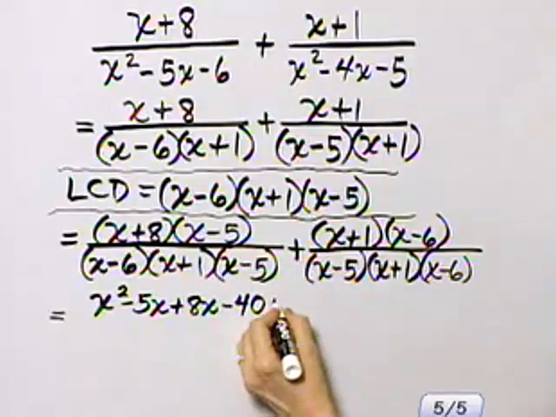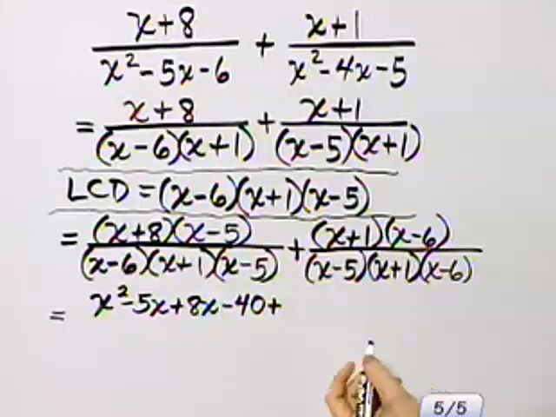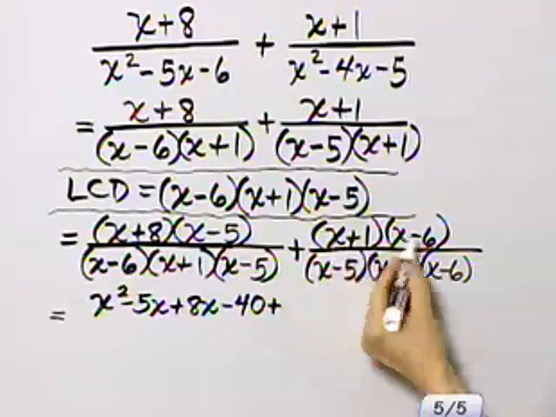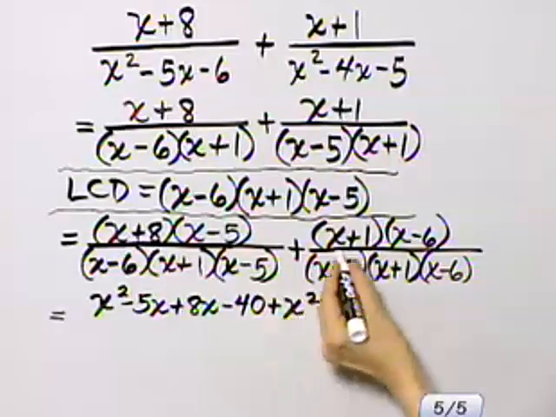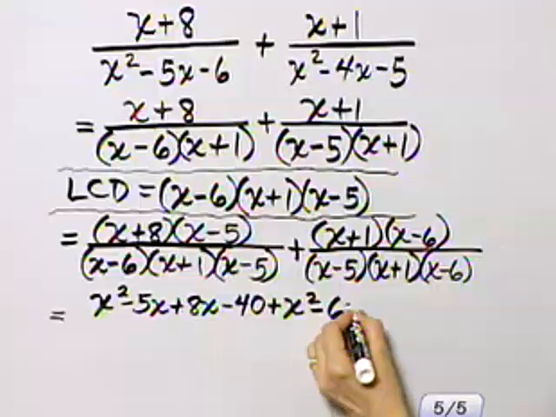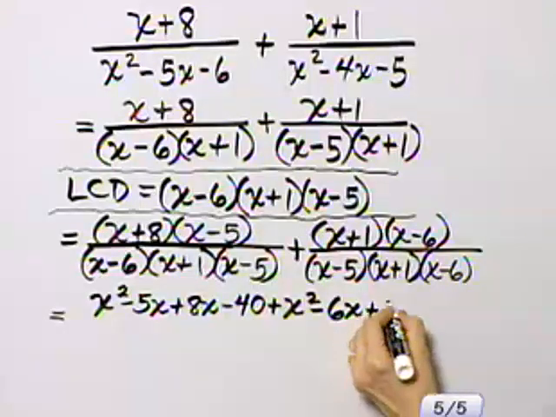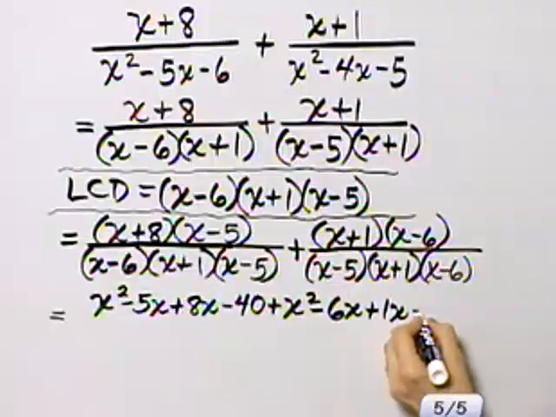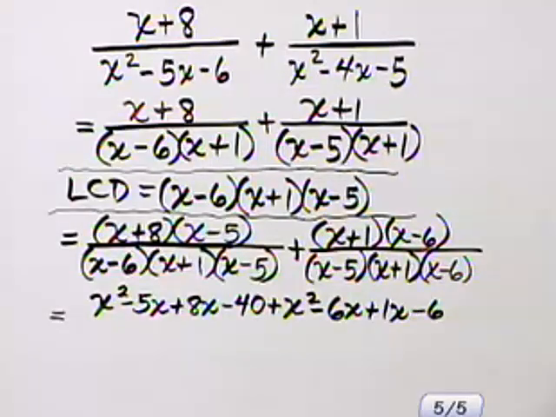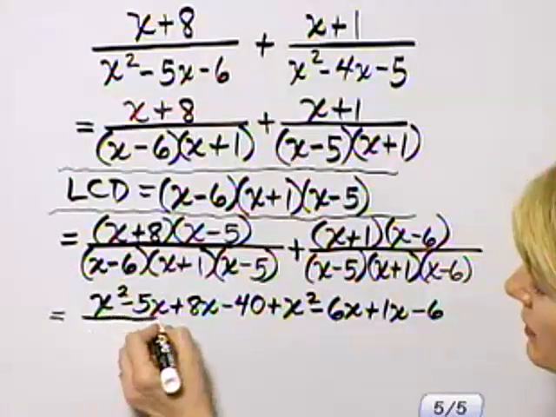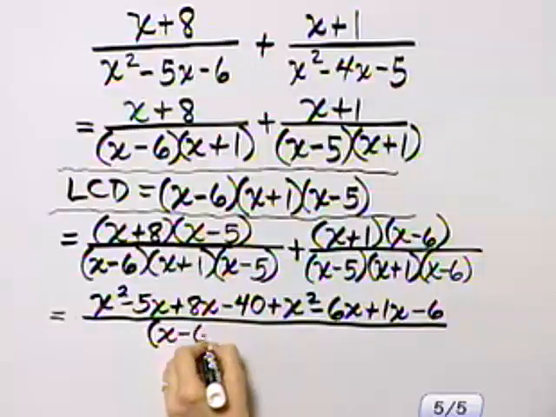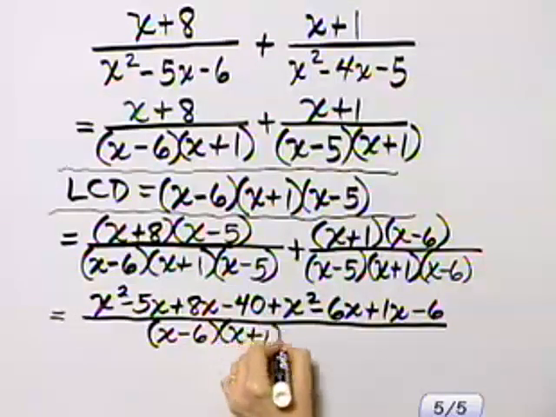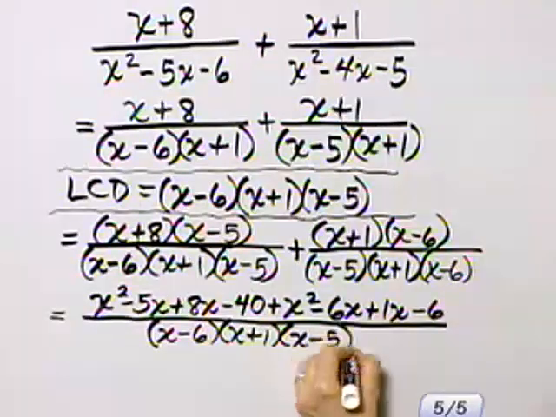Now this is a plus sign, so I don't need to worry about signs changing, and let's go ahead and multiply these two. X times x is x squared, outer product, minus 6x, inner product plus 1x or x, last times last, minus 6, and then this is all over a common denominator. So I'll write it over x minus 6 times x plus 1 times x minus 5.